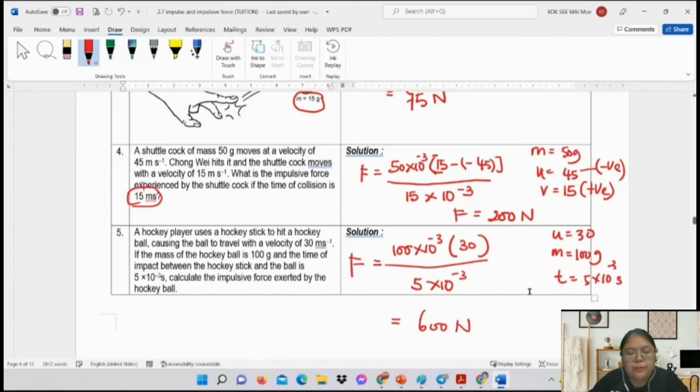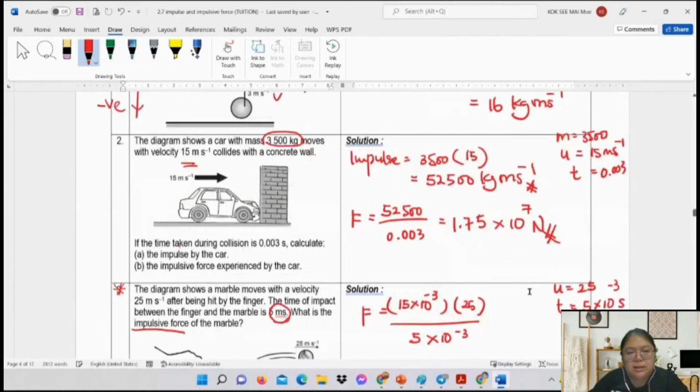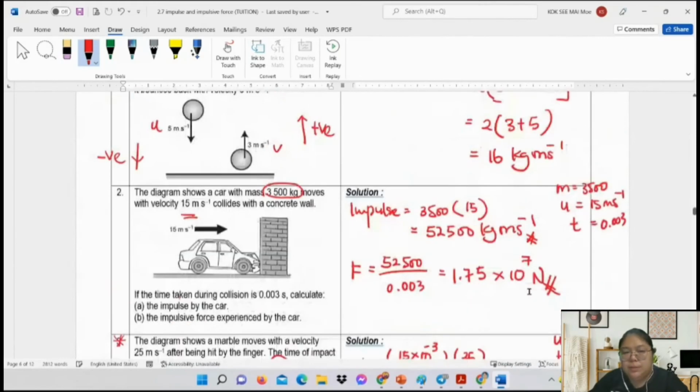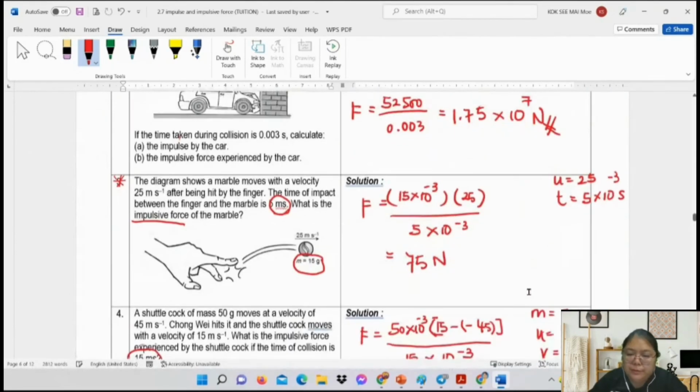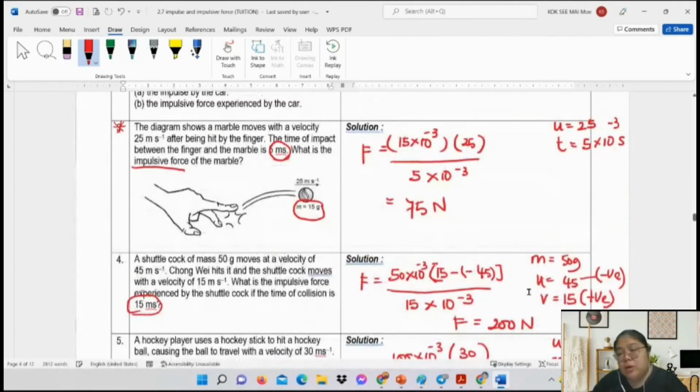So for the structure question 5, I think there's no problem. Just apply the formula, and importantly, understand the question. Normally for impulsive force, we seldom put the negative one, because it's normally about injury. If not injured, surely it slows down. So for the opposite direction, you want to make it positive.